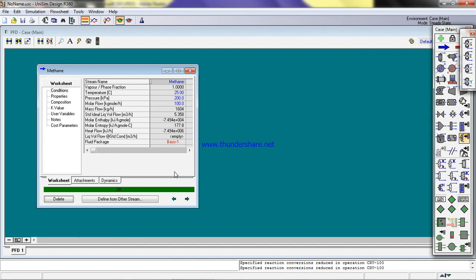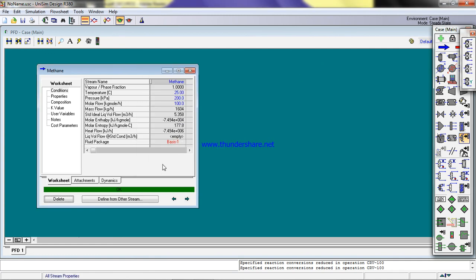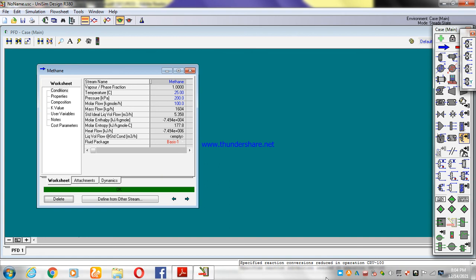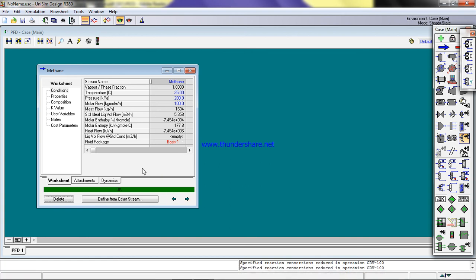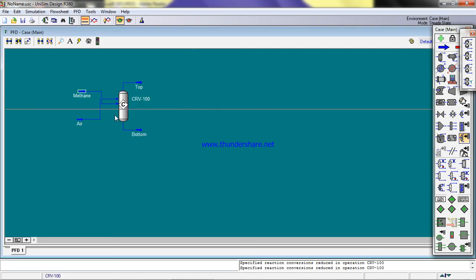Then from there we do other modeling, so that the guys that will be doing the instrumentation, the control, the mechanical design, would make use of the parameters that we feed them with. Okay, so methane comes in with these process parameters, and then this is the composition of the methane. 100% methane.